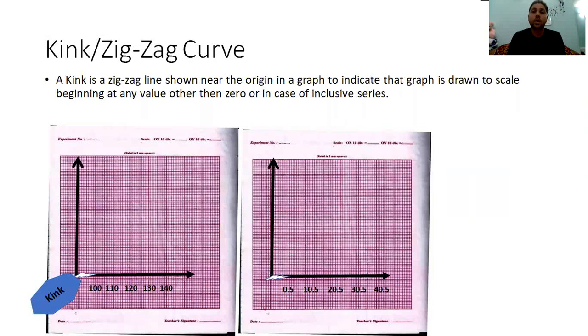Okay, in the case of an inclusive series, the questions that we have done all begin from the value 0, like 0 to 10, 10 to 20, or 0 to 20, 20 to 40, or 0 to 5, 5 to 10 here. So all the values begin from 0.